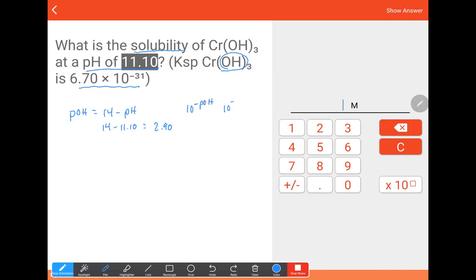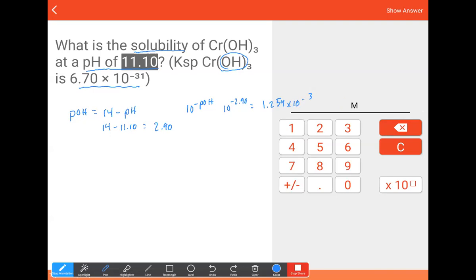So 10 to the negative 2.9 equals, plug that in. Don't forget the negative. 1.259 times 10 to the minus third. So pretty good concentration. That's pretty high pH.